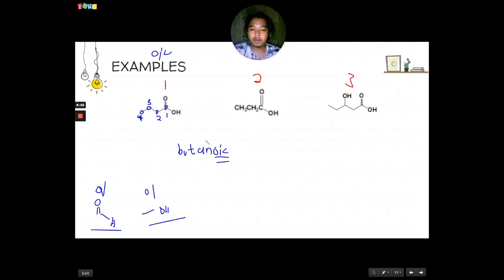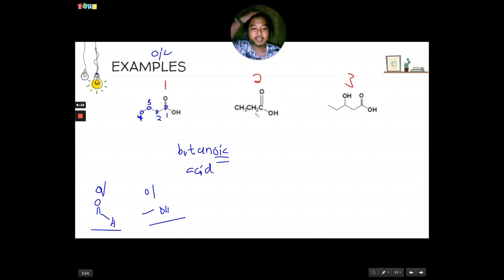But since there's an O and an OH, it's a carboxylic acid, a functional group under carboxylic acid. It becomes butanoic acid. So the name would be butanoic acid. We add the word acid for carboxylic acids. Hopefully that's clear.